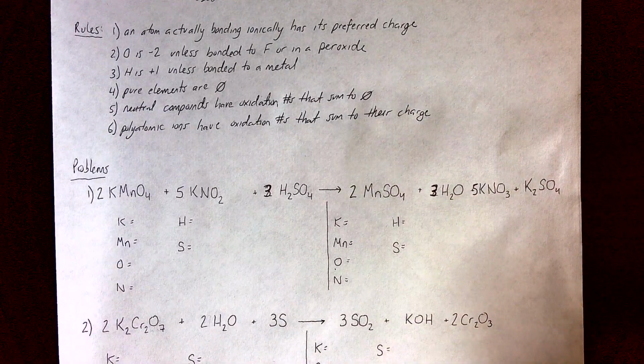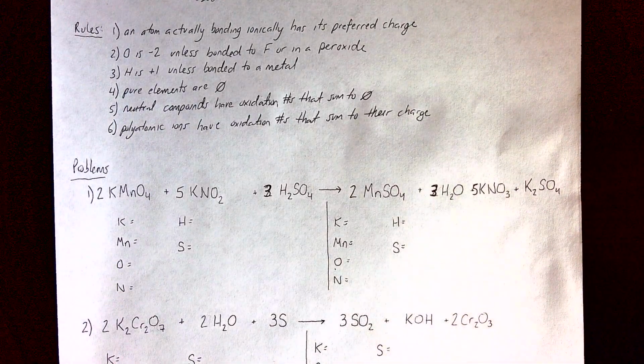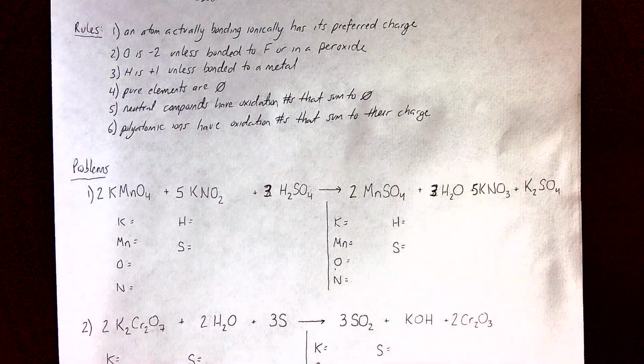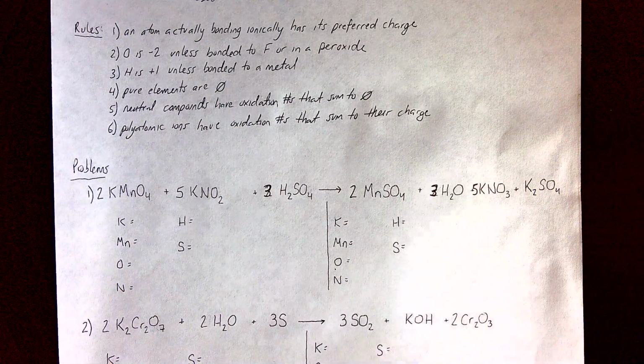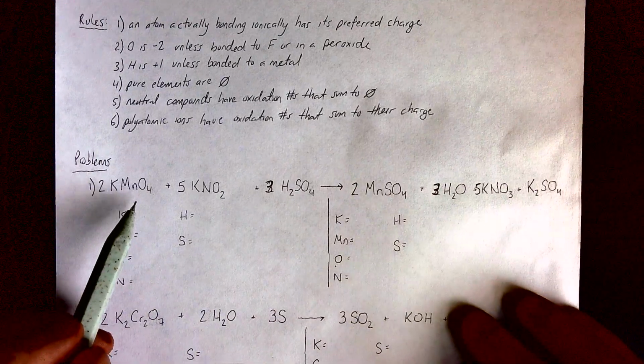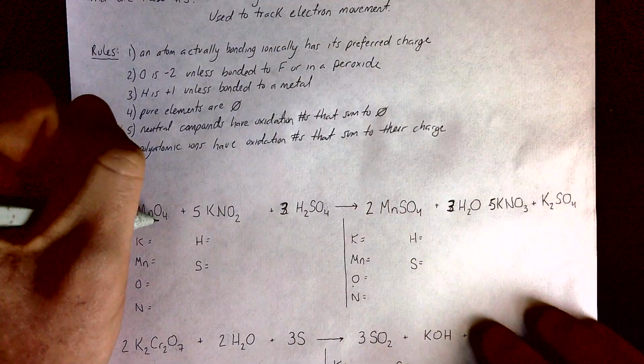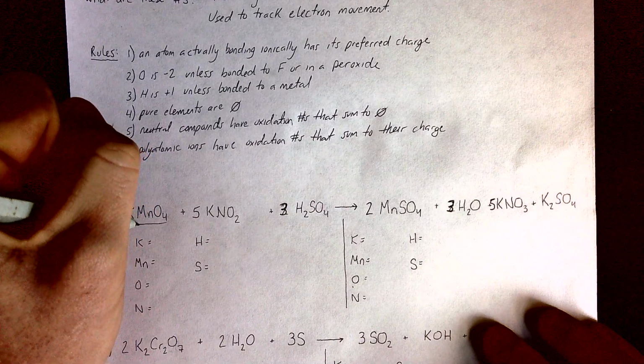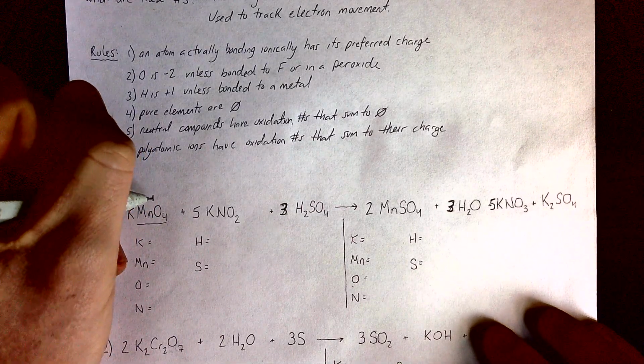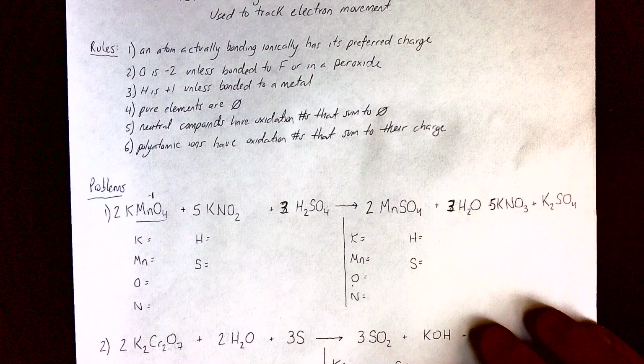So, for this first one, whenever you're completing a problem like this, you're probably going to have a table of polyatomic ions, and there are a few that appear in this problem. The first one here is permanganate. This is a polyatomic ion where the entire thing has a charge of -1.